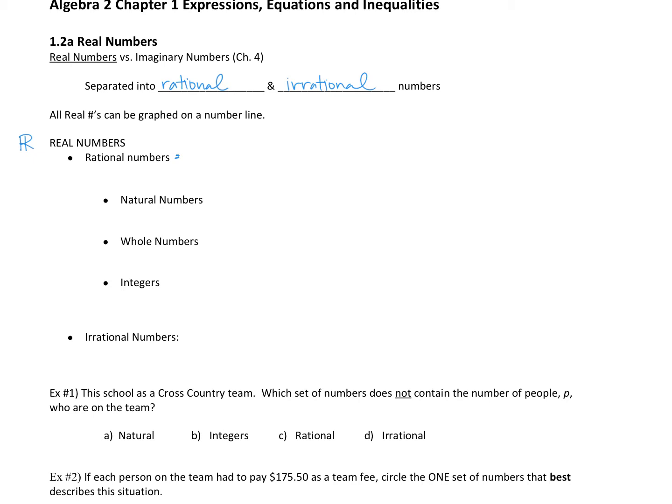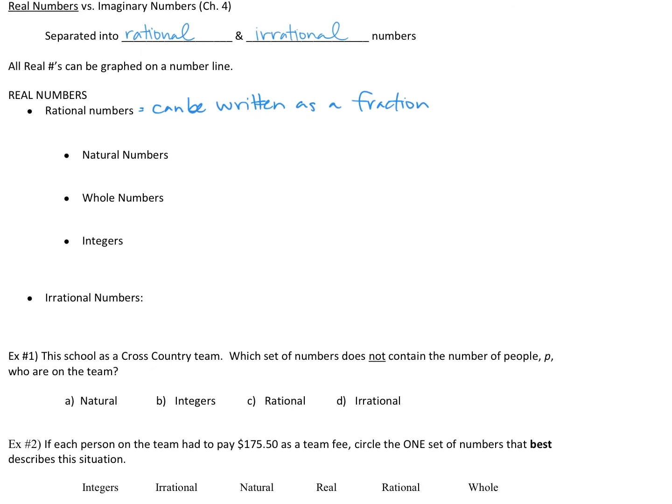Rational numbers can be written as a fraction. Okay, it can be written as a fraction. So like A over B is a rational number, okay? A terminating decimal.